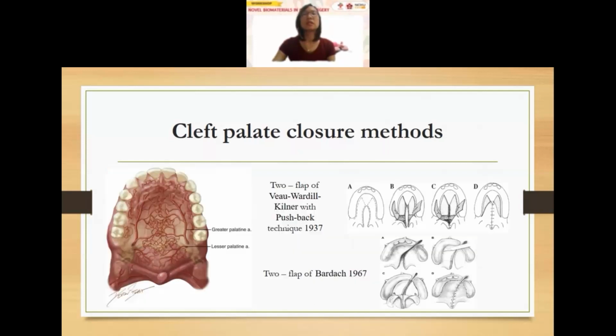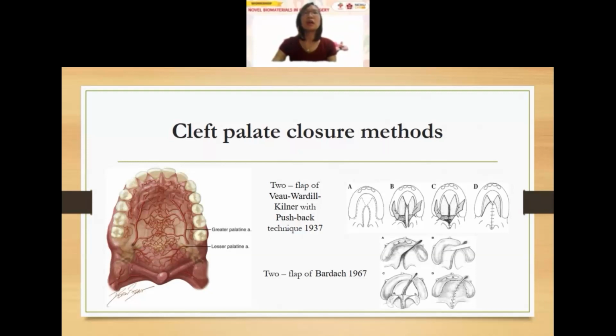Another method is the two-flap method: two flaps of Wardill-Kilner with pushback technique in 1937, and two flaps of Bardach in 1967.